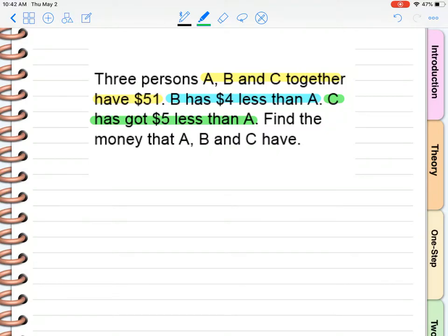So let's set it up in practical terms. Person A, person B, and person C together have $51. So there's the basic form of the equation. A, B, and C together have 51.